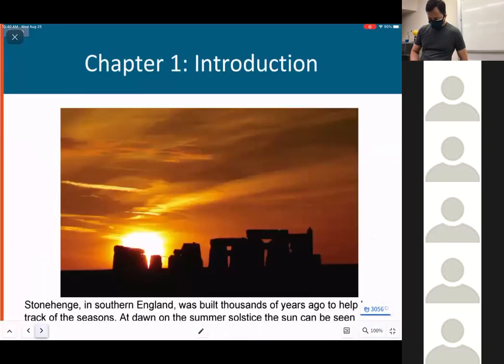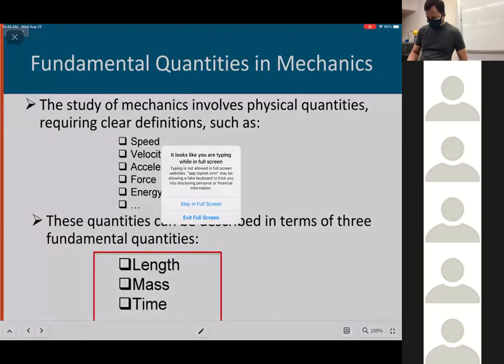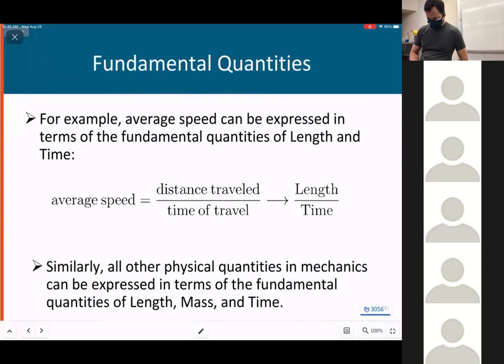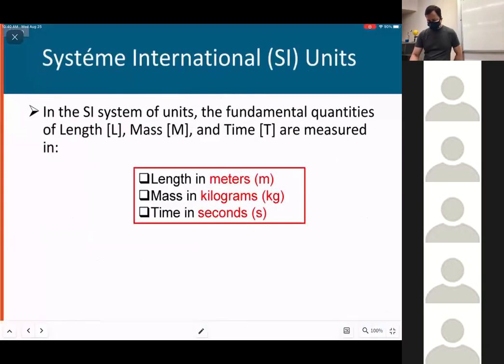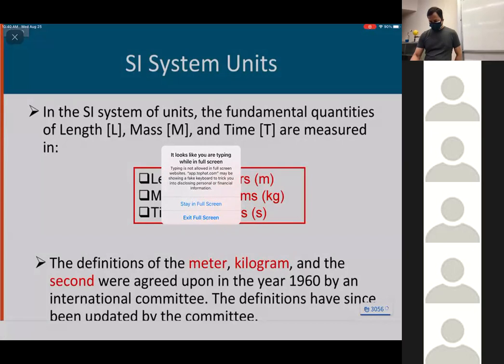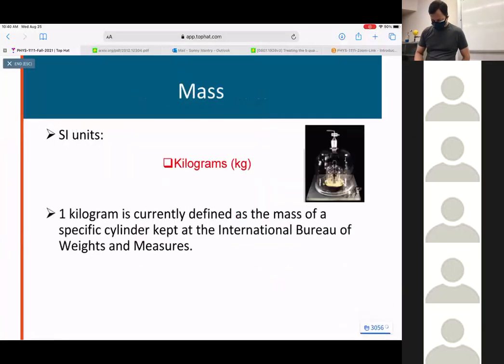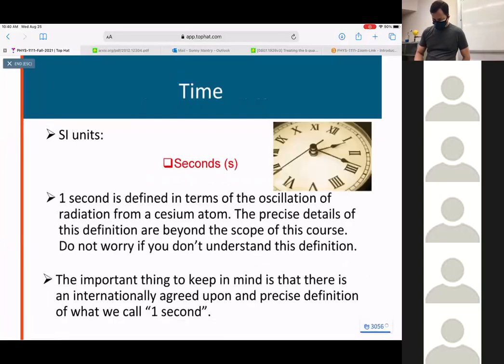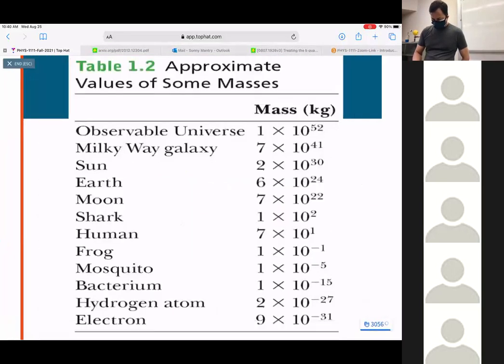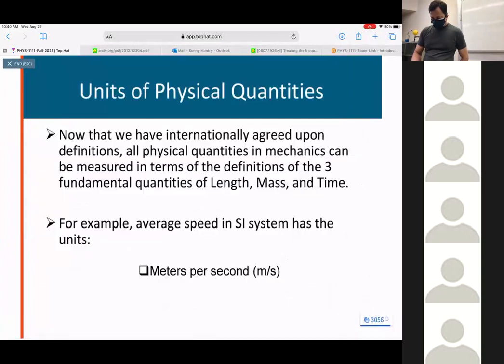So I keep going forward, keep going forward. Oh my God, what does it keep? Okay, fine, exit full screen. Let's see here.